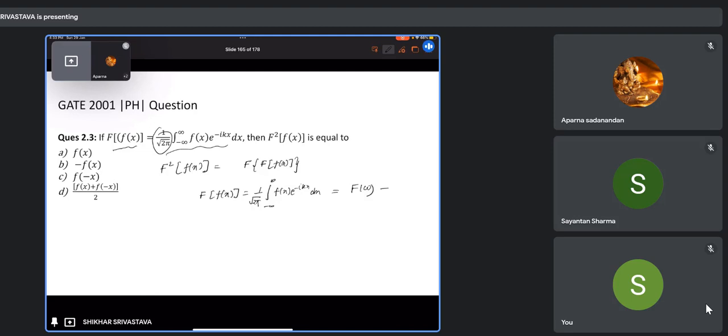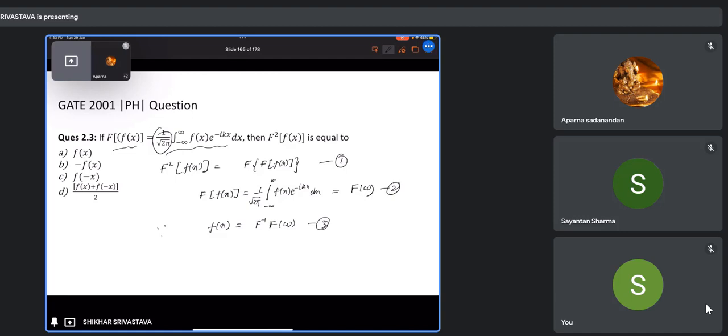So this is equation 2, this is 1. From equation 2 you can write f of x as 1 by root 2 pi f of omega, which you all know. This is just what we know.